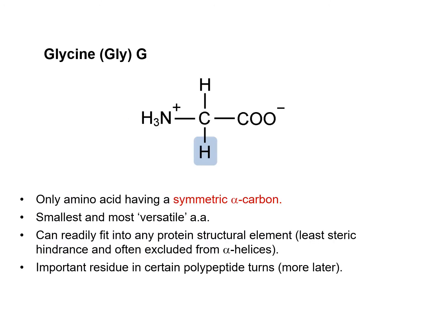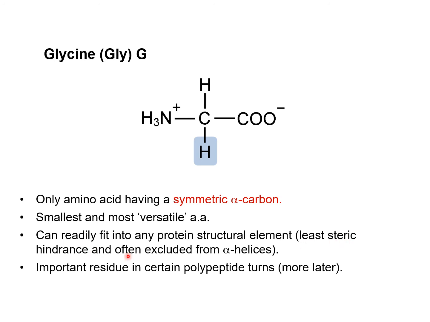The next one is glycine, written as Gly or G, which has a hydrogen atom as the side chain. And this glycine is the only amino acid having a symmetric alpha carbon, so it does not have chirality. And glycine is the smallest and thus the most versatile amino acid. So glycine can be readily fit into any protein structural element because it has the least steric hindrance.